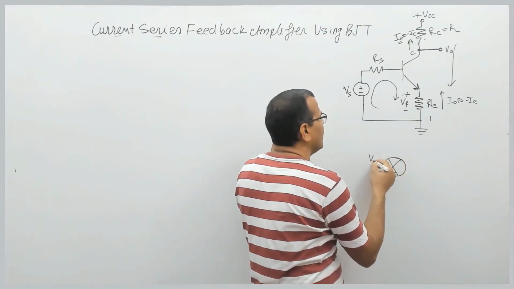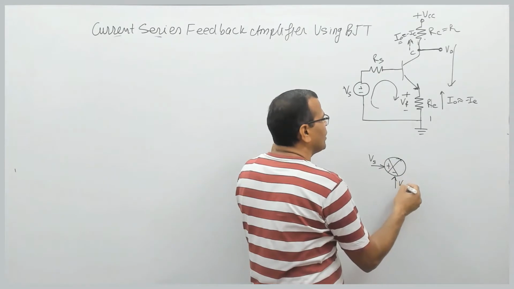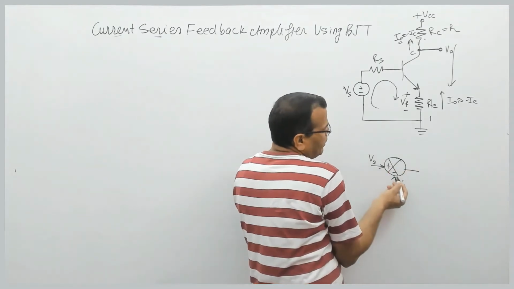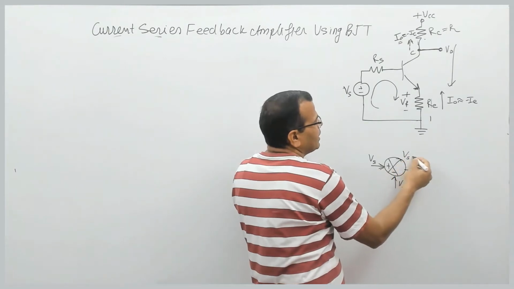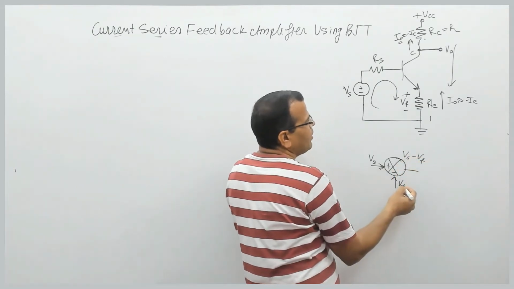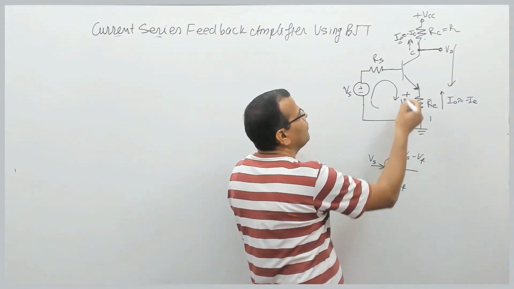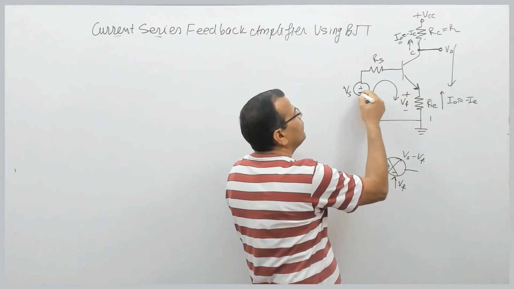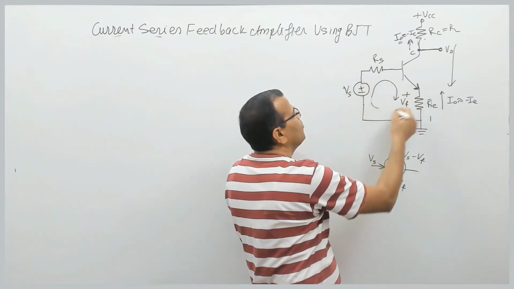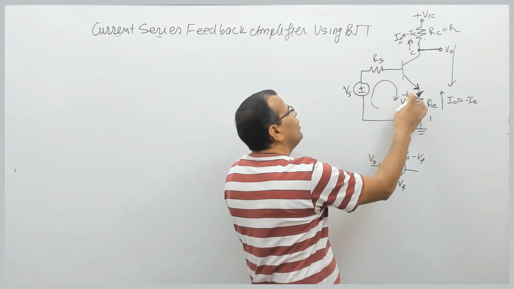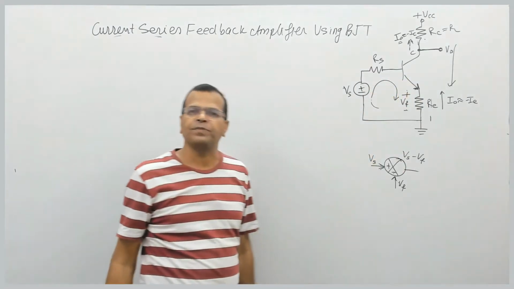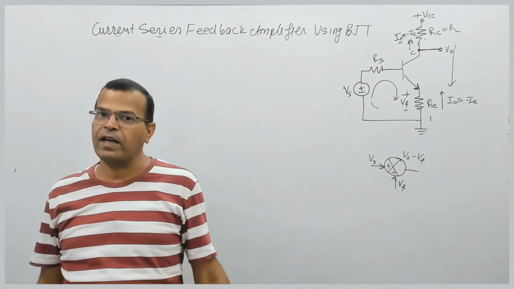This is input signal Vs, this is feedback voltage Vf, and we must take Vs minus Vf. The polarity of Vf must be negative. So for Vf to be negative, if it is minus plus like this, and if you move in this direction, it should become plus minus. So Vf should oppose the supply voltage for negative feedback.